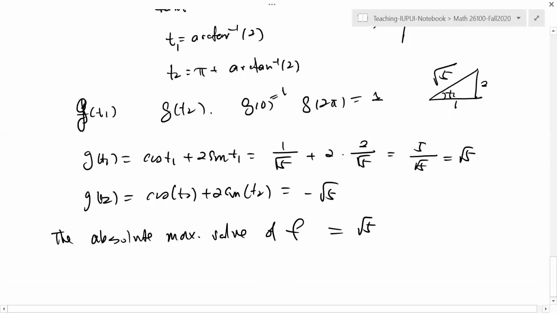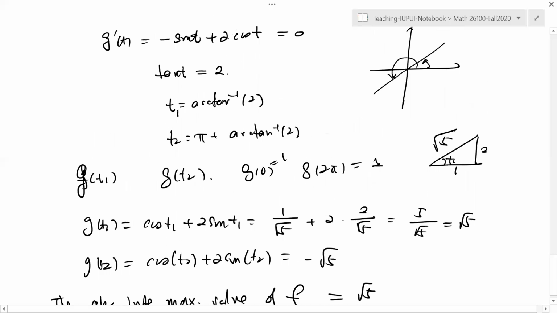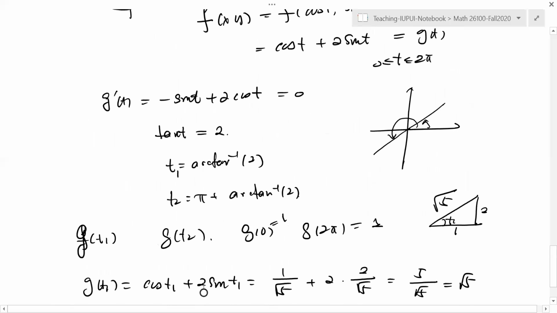Okay, you can also tell where it occurs. It's on the boundary at this angle. So it occurs when x equals cosine t, y equals sine t.